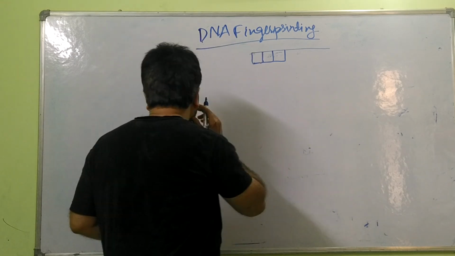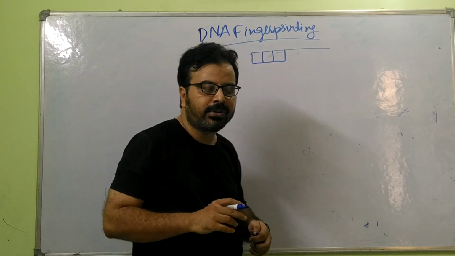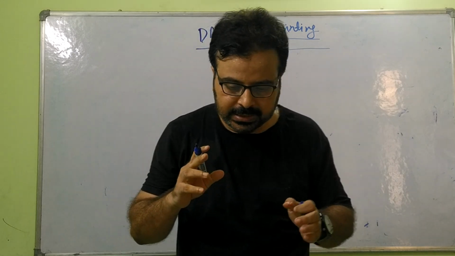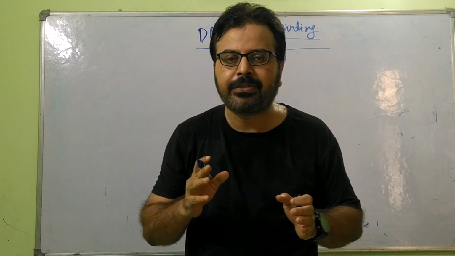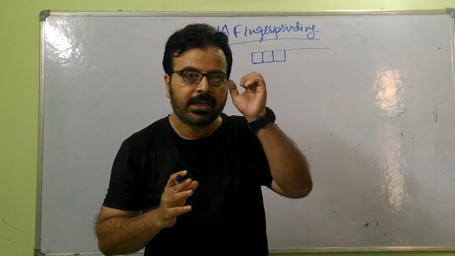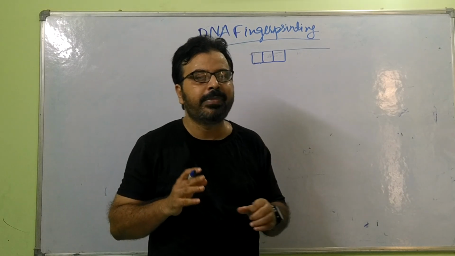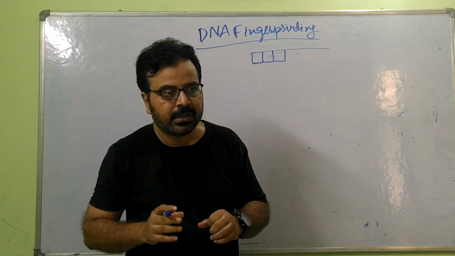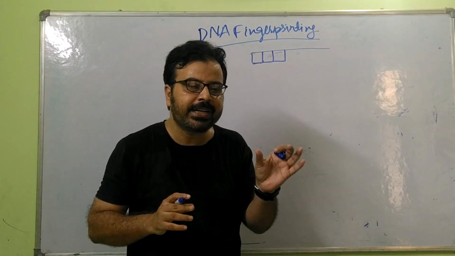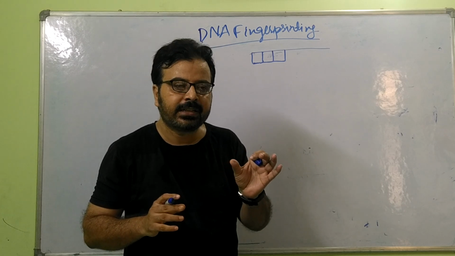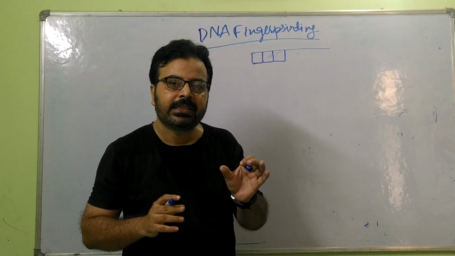So one more thing I didn't discuss is that how we differentiate between mini and micro satellites. So those are differentiated on the basis of 3 things. First is the richness of AT and GC proportionality.